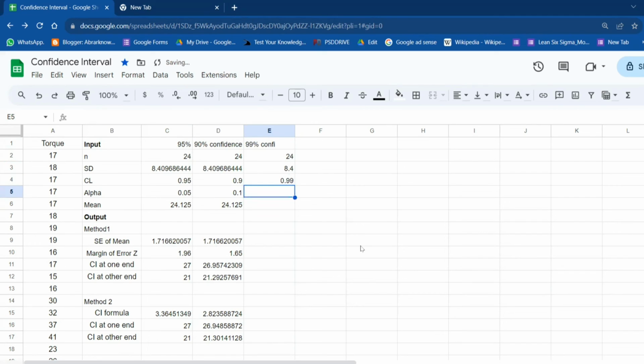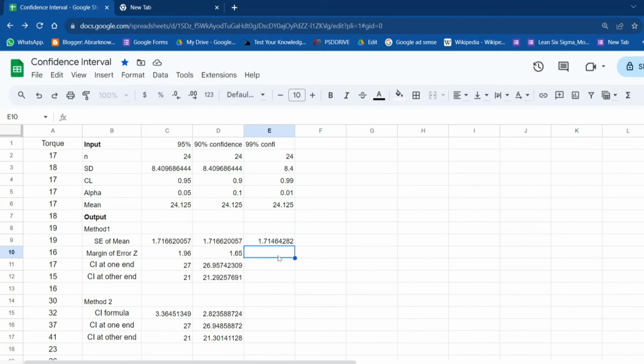So 99 means the alpha will be 0.01 and the mean value is going to be the same, 24125. Otherwise you can just apply the formula also. And standard error of mean equals the same formula: standard deviation, that is E3, divided by square root of n. So you can just give the same value. So you can see a slight difference has come.